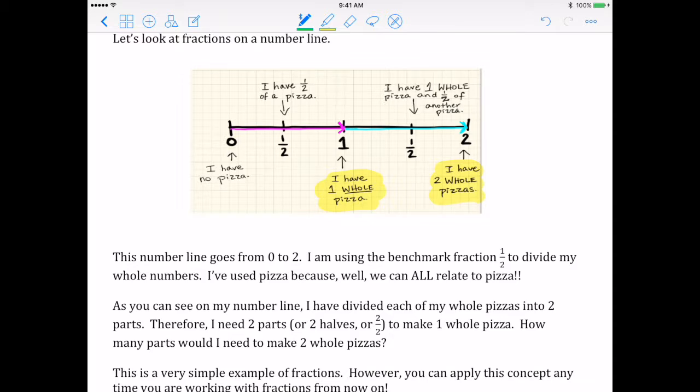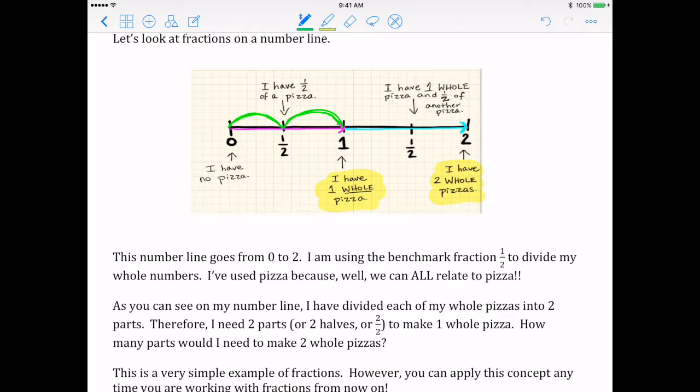So I need 1. That makes 1 part because that's 1/2. 2, there's 2 parts in order to create that whole pizza. So I needed 2 parts or 2 halves to make one whole pizza.